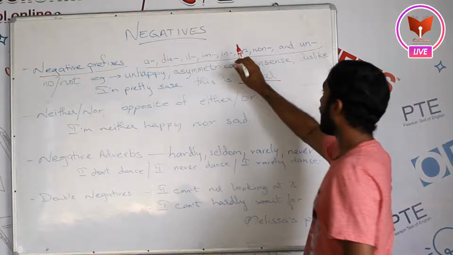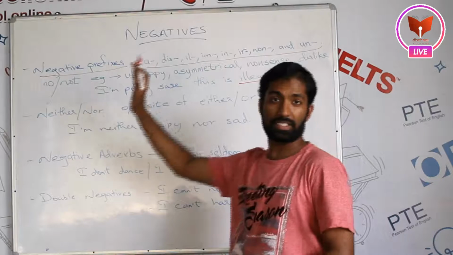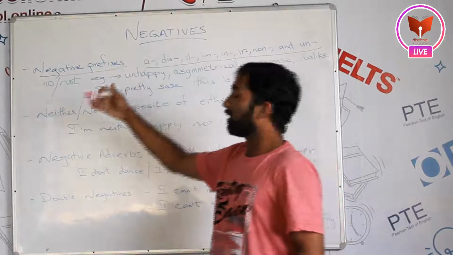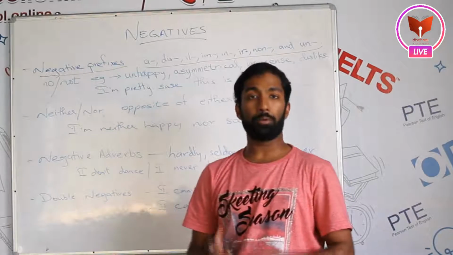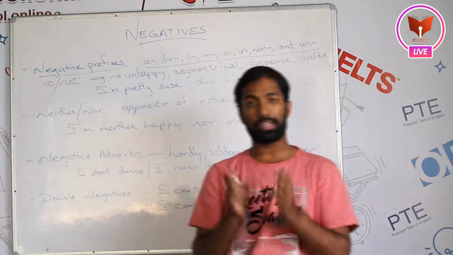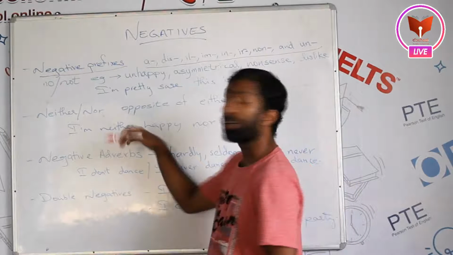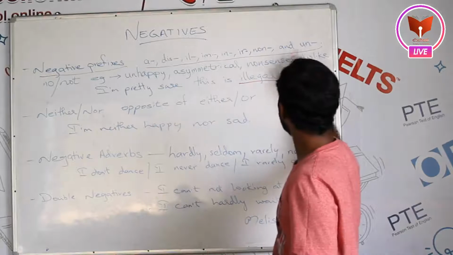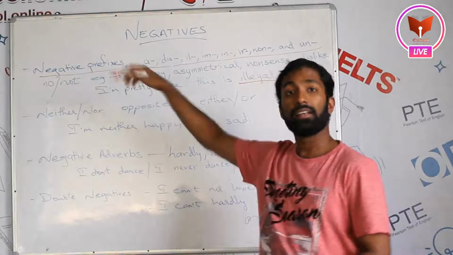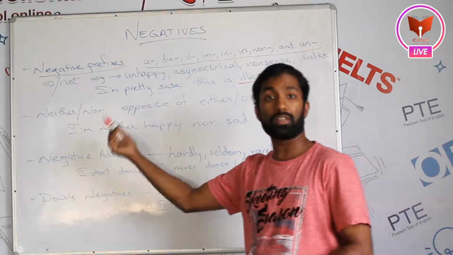The word doesn't necessarily have to contain a no or not in it to become a negative, right? If these prefixes are in front, then the word becomes a negative. So I've given a few examples.